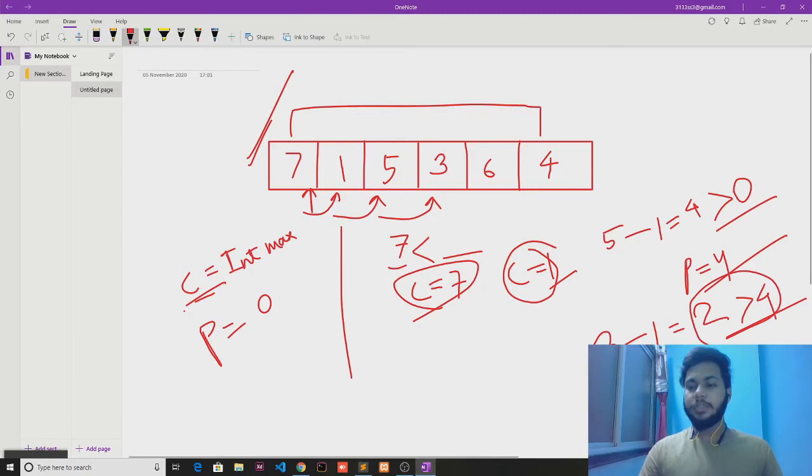It is not correct, so we will not update it, and our iterator will go here. So now we will check it similarly, whether 6 is less than 1 or not. It is false. Now we will check whether 6 minus 1, that is 5, whether it is greater than the current profit or not. Yeah, it is correct. So we will update the current profit by 5.